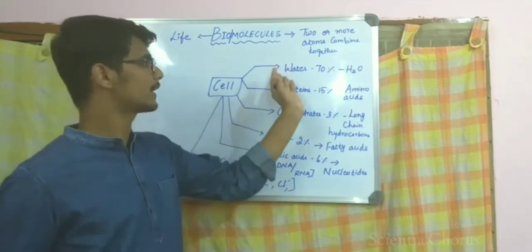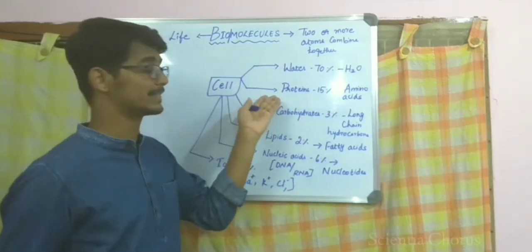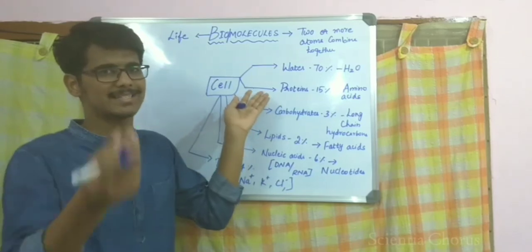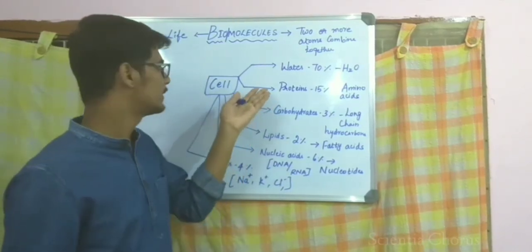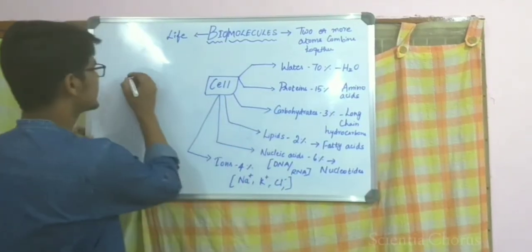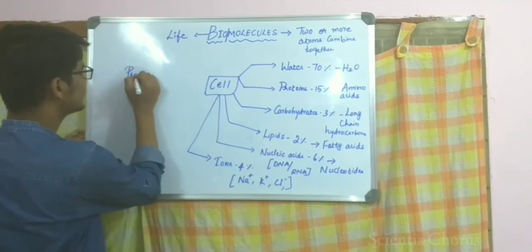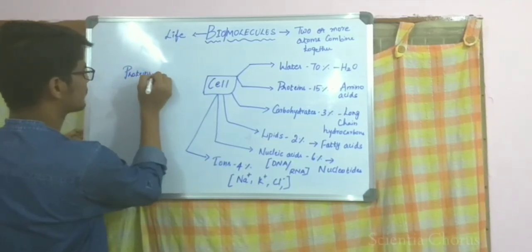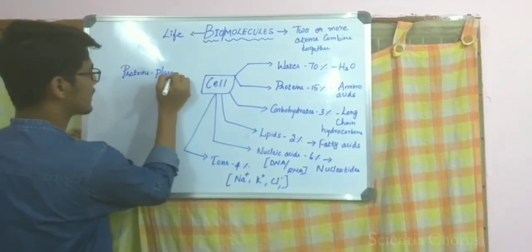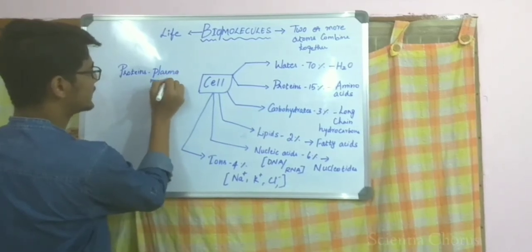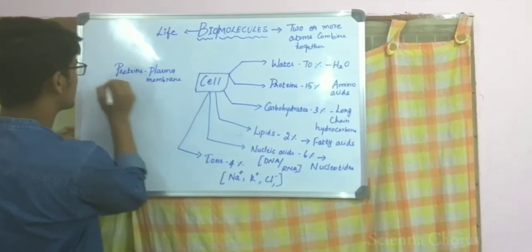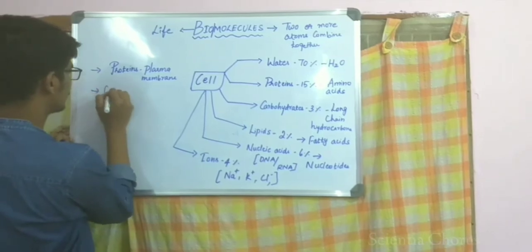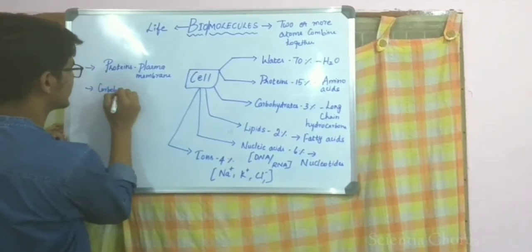Now we know water is H2O. Proteins, where are these proteins present? Let us take an example. These proteins are generally present in the plasma membrane of a cell. And the next one is carbohydrates. Where are these carbohydrates present in a cell?